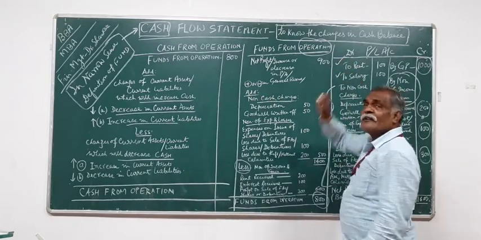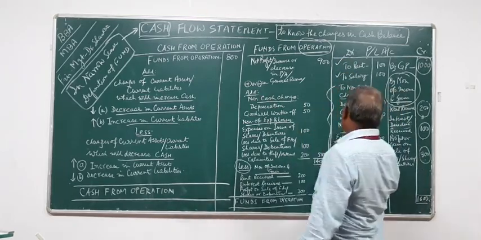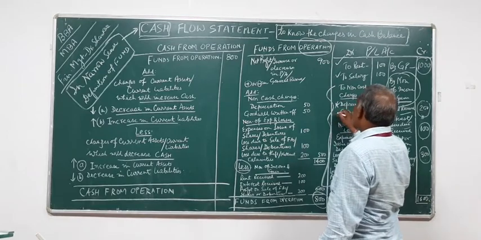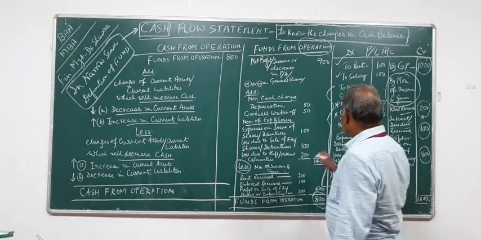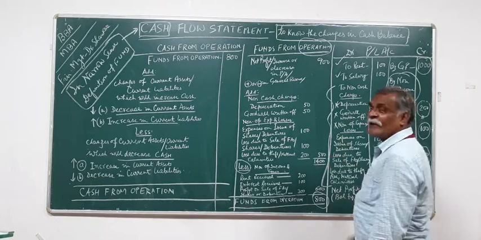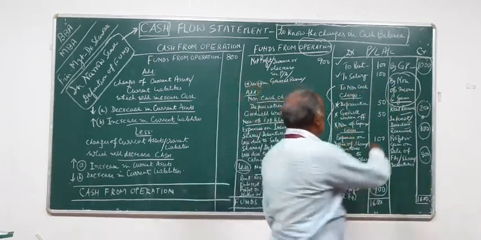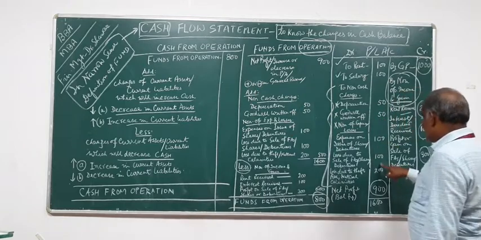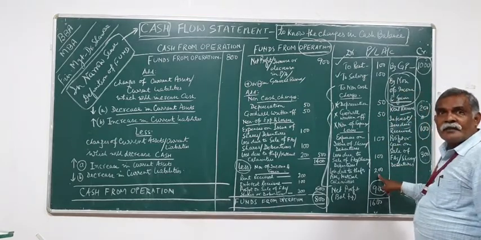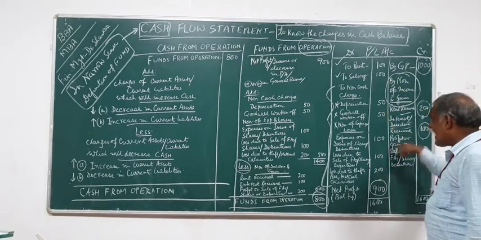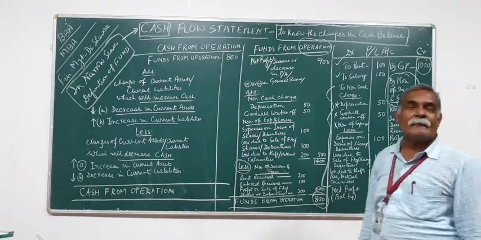Salary is operating expenses, yes. But what about depreciation? This is non-operating. These are expenses, and these are non-operating. Because of this amount, 50, 50, 100, 200, 300 and 500, their net profit is decreasing.